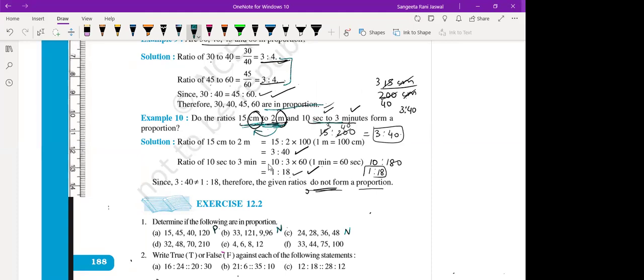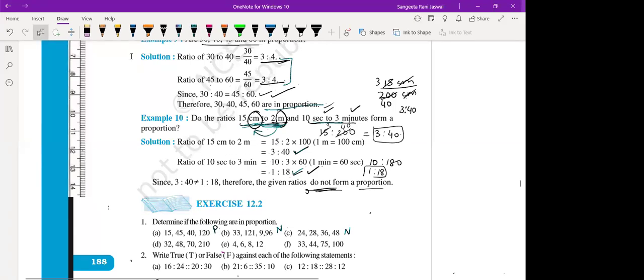You will convert this also to seconds. 3 minutes is 3 into 60 seconds. So what ratio you get? 3 is to 40, 1 is to 80. So you can see here that ratios are not same in this case. So when the two ratios are not same, you say that they are not in proportion.